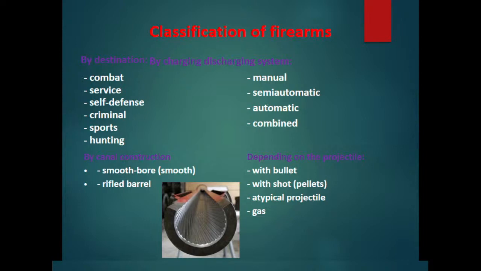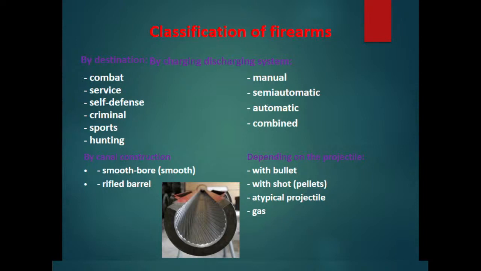By the canal construction, weapons could be divided into smoothbore weapons and rifled barrel weapons. These are types of weapons that have very different features. Rifled barrel, over here in the picture, you see the cross-section of a rifled barrel weapon. They have specific grooves, spiral ones. This is necessary to make the bullets spin in flight.